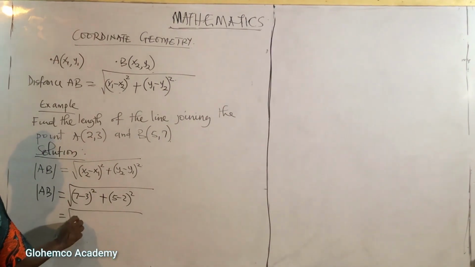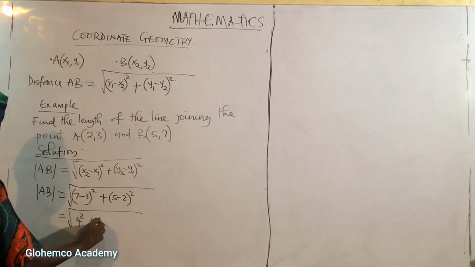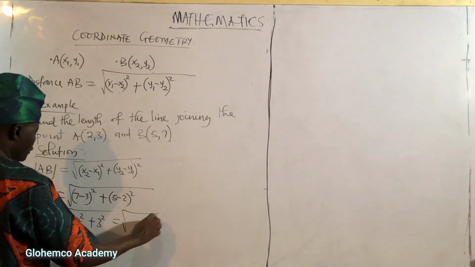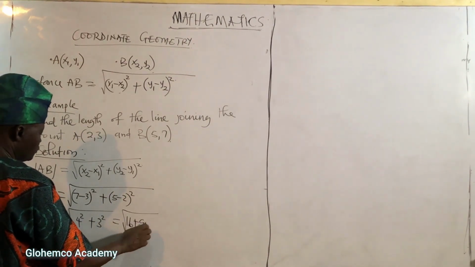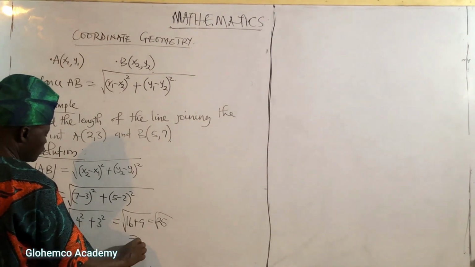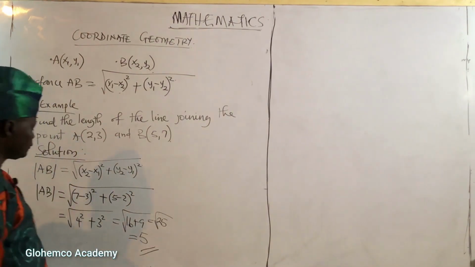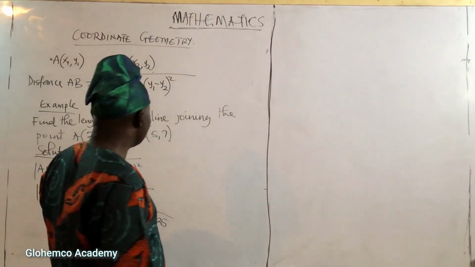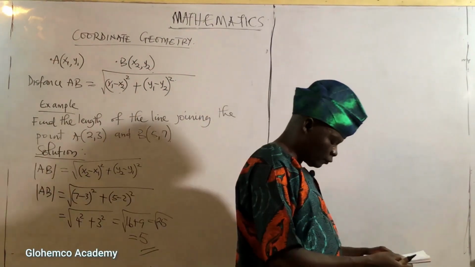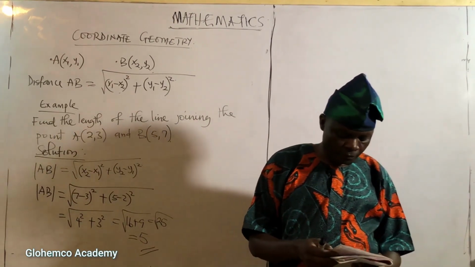This is 7 minus 3 gives us 4 squared, plus 5 minus 2 gives us 3 squared. This is equal to 16 plus 9, and the square root of 25 is equal to 5. So the length of the line joining A and B will be equal to 5. And that is the length that we have to find.